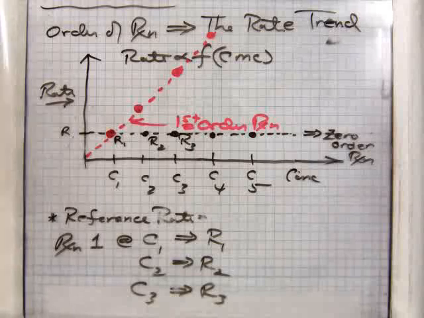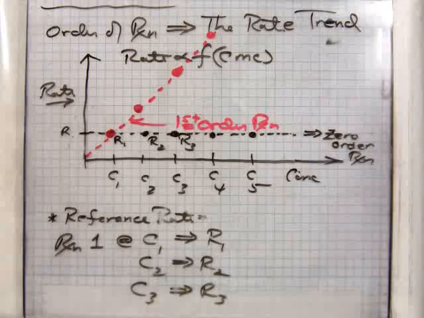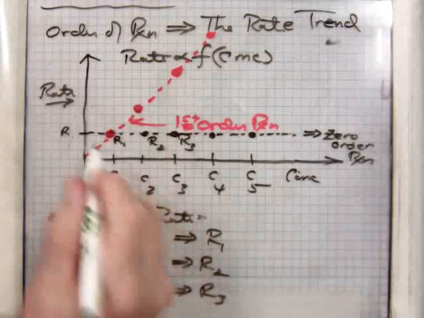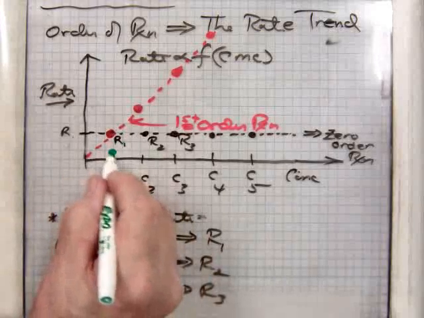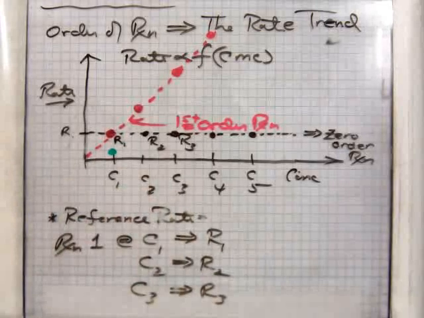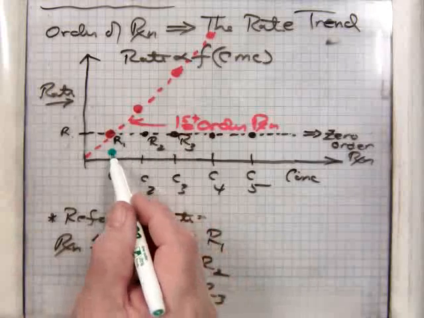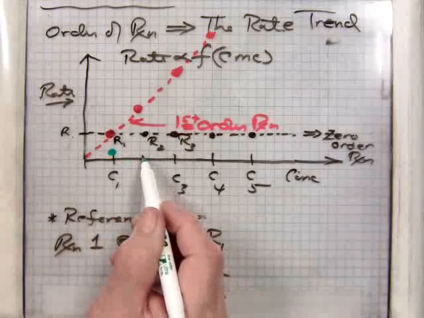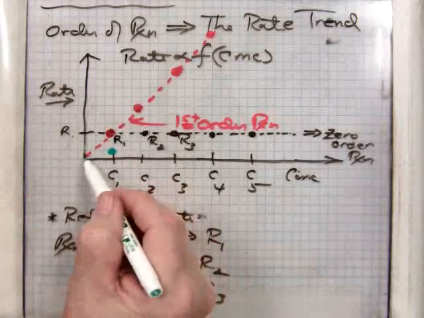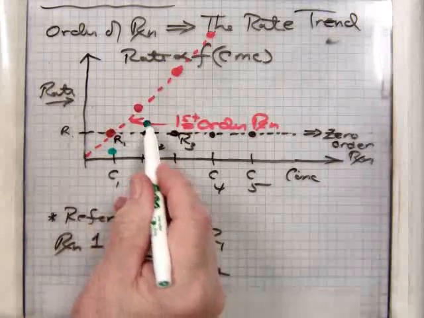Okay, let's take another, different reaction, and we'll start out with our reference. Let's say there's our reference, that green dot right there. What I do is double the concentration and see what happens. Well, it's going to jump up here about 4 times.